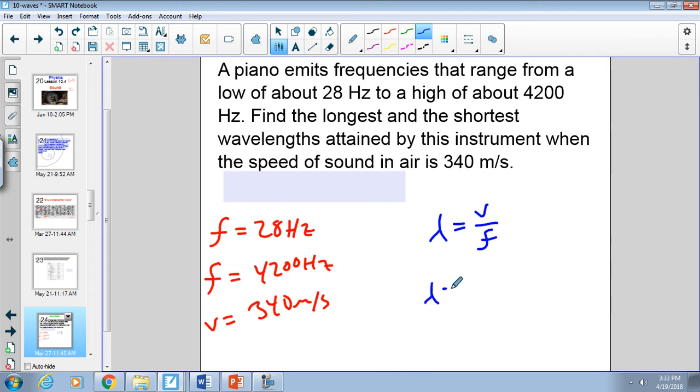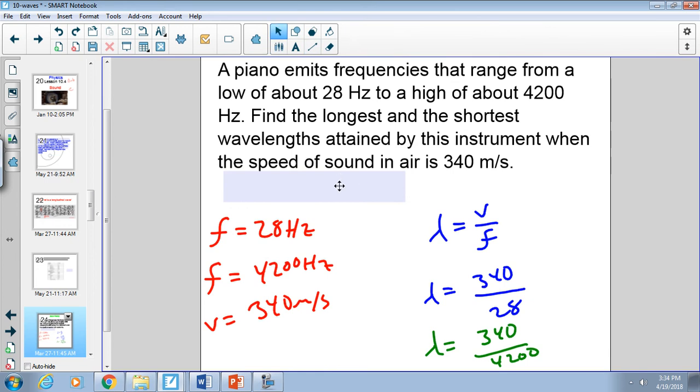So wavelength one is 340 divided by 28, and wavelength two is 340 divided by 4200. And we should get two separate wavelengths: one that is 12.14 and one that is 0.081.